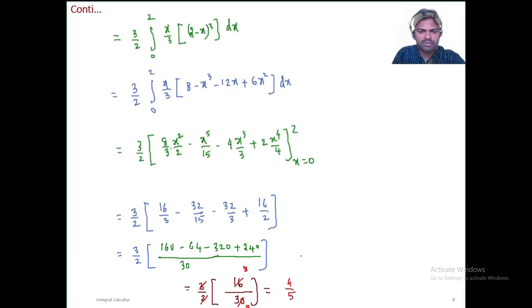So the first coordinate x bar is 4 by 5.